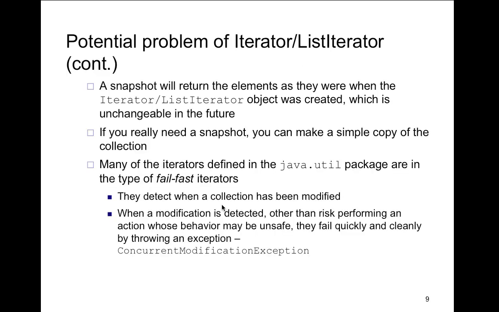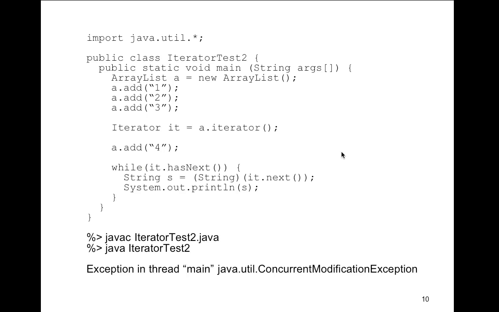So that's one of the potential problems. The snapshot will return the elements as they are when the iterator object was created, which is unchangeable in the future. So it's really neat, a snapshot. You can simply copy the collection into another and create your own artificial copy or snapshot of the environment. So not really a big issue at all.